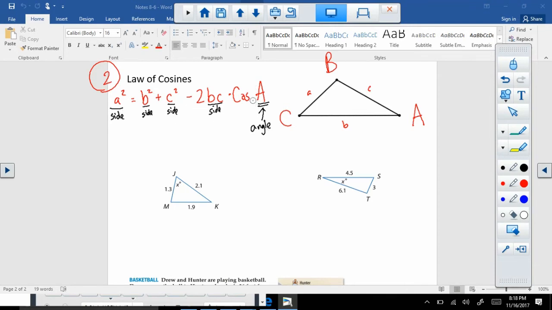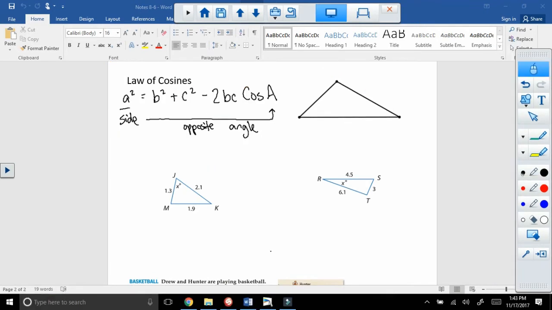Lowercase letters, uppercase letters, standing for different things. And then I also want you to write down that because these are the same letter, that's not a coincidence. This is the side and angle that are opposite.